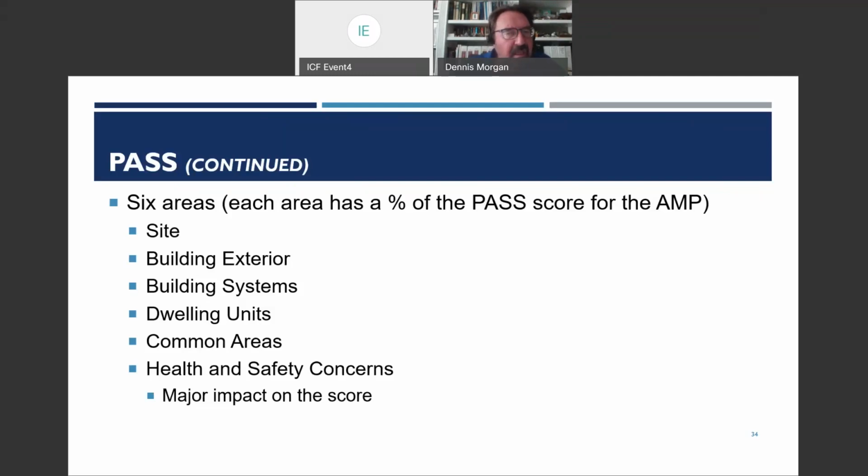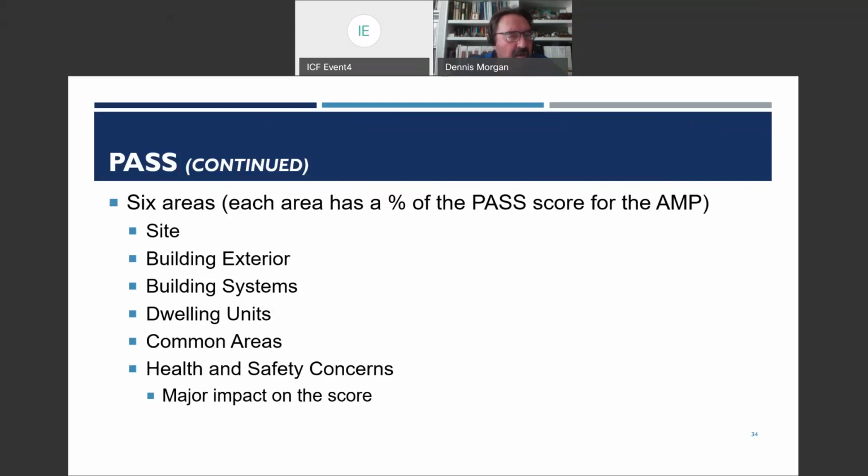So within the physical scoring system that now occurs within each AMP, you will have points associated with the site, building exterior, building systems, dwelling units, and common areas. Now, if all areas are present and all functional areas within that area are present as well, then site is generally worth 15 points.